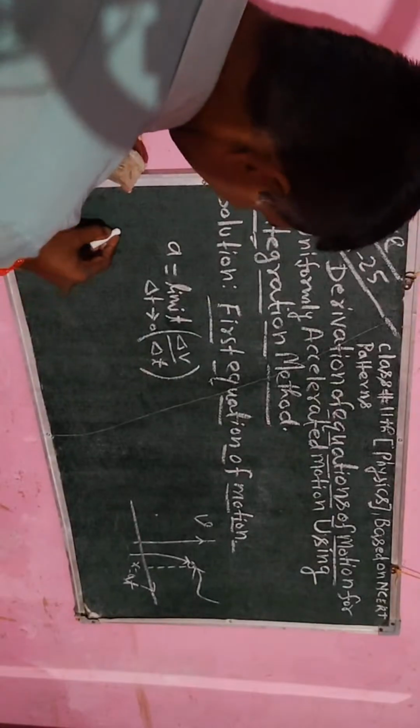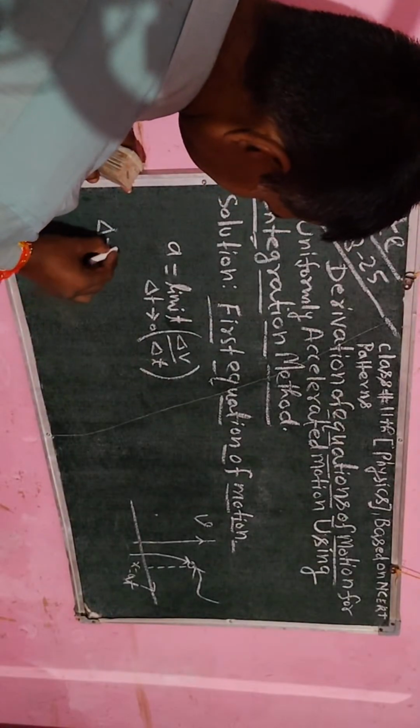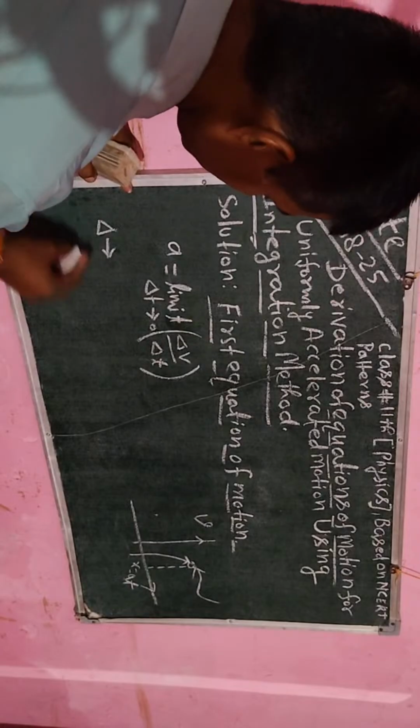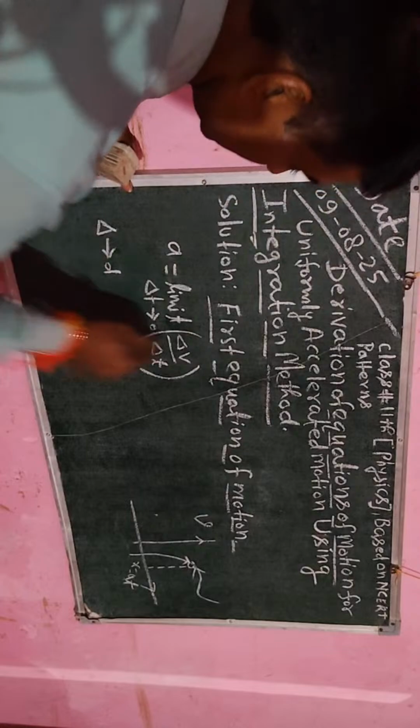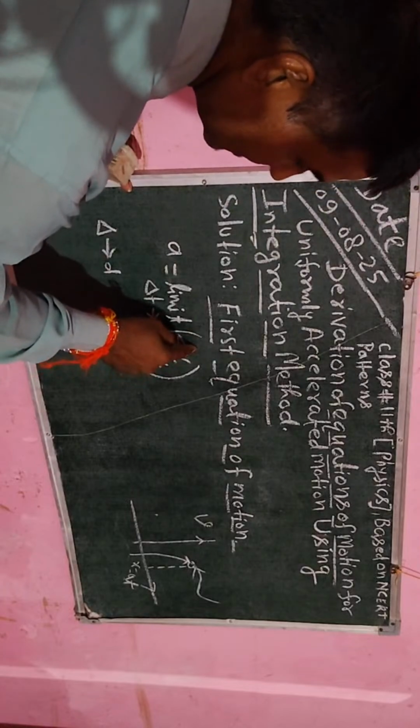One more piece of information: this delta is the difference. Here delta is the difference between velocities.